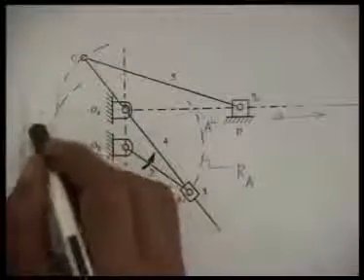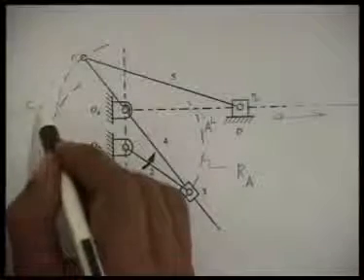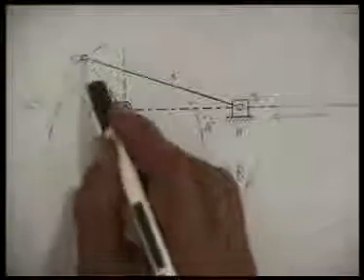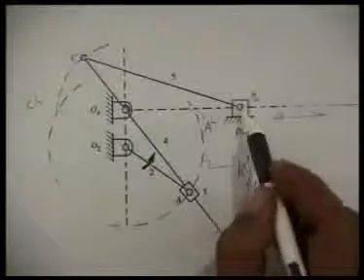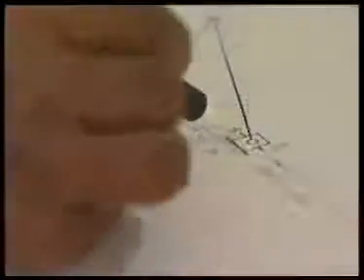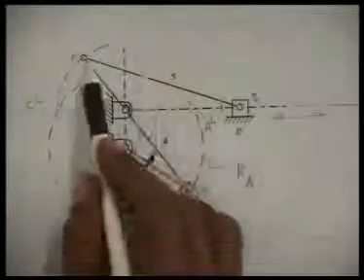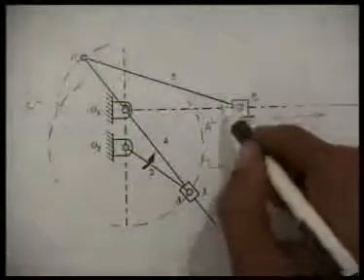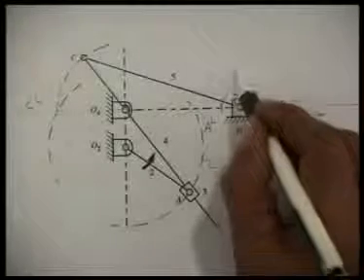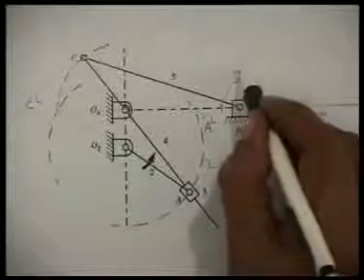So, this point I will call CL, that is the leftmost position of C. Correspondingly, D will move here such that CLDL is CD, because this link length is also not changing. So, this is the leftmost position of the tool holder, let me call it DL.